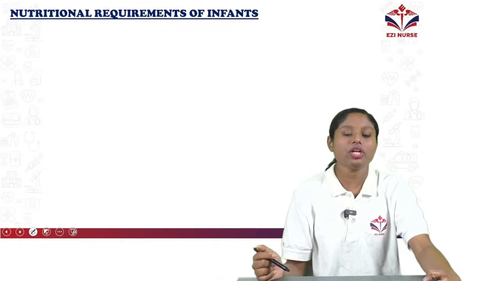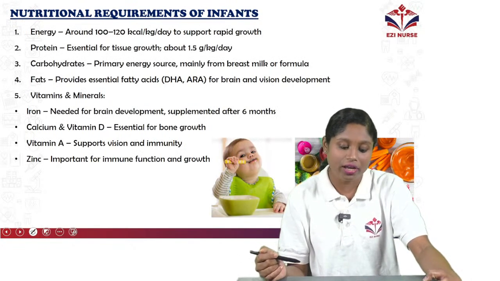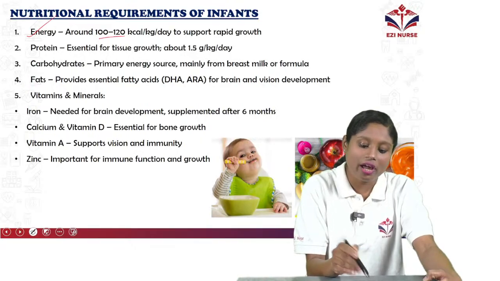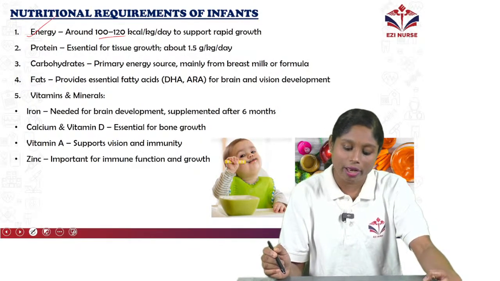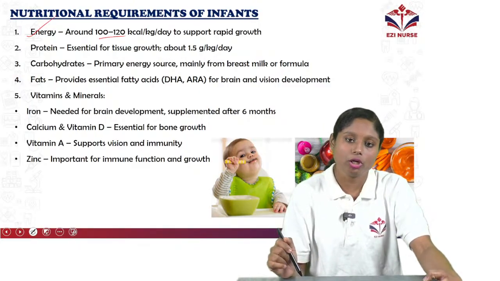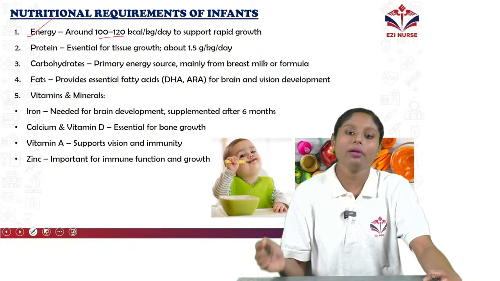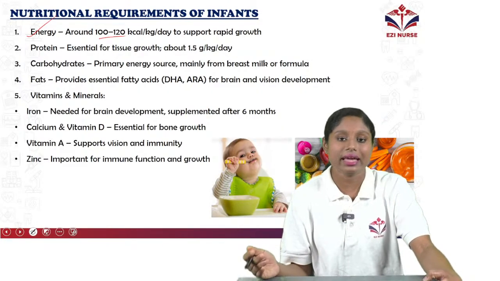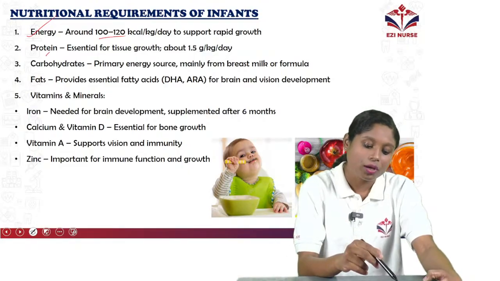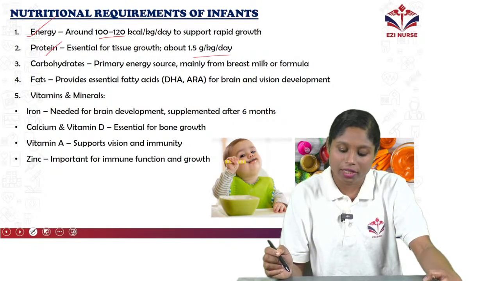Coming to the nutritional requirement of an infant. What is the nutritional requirement of an infant? They need energy of around 100 to 120 kilocalories per kg per day to support their rapid growth. So they need 100 to 120 kilocalories per their body weight per day for their energy. Protein, essential for tissue growth, about 1.5 gram per kg per day.